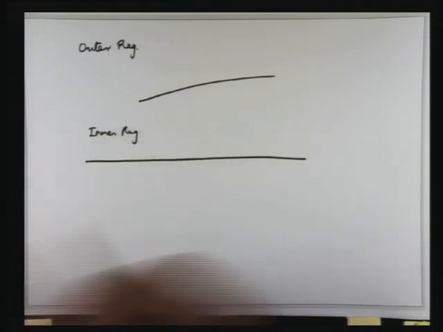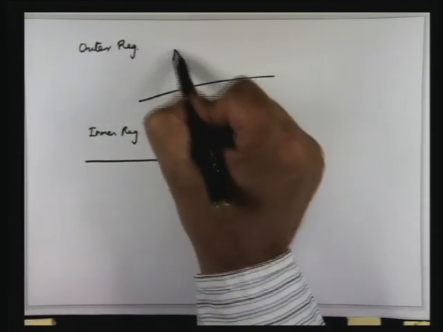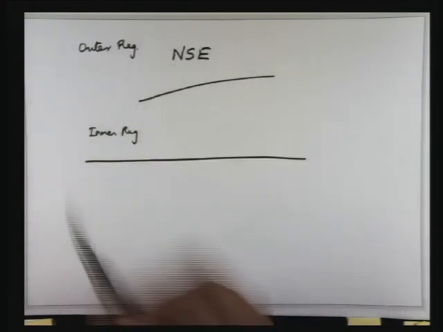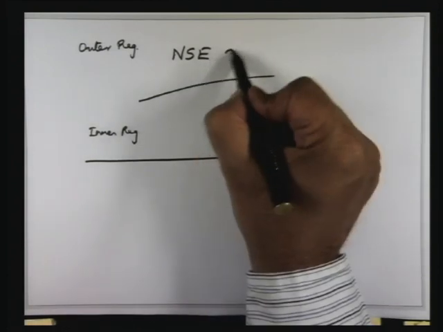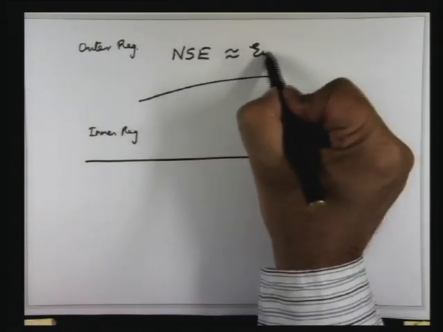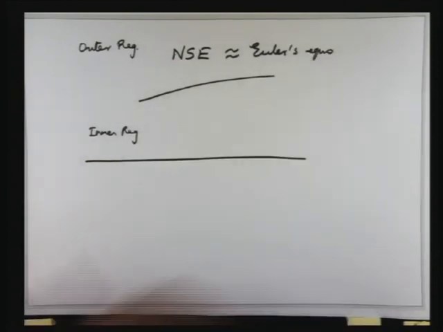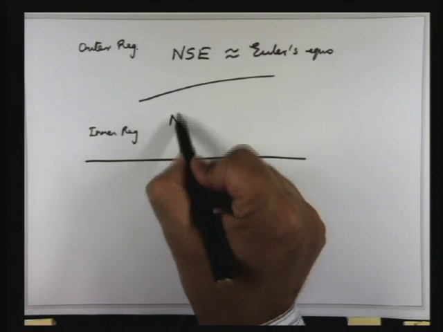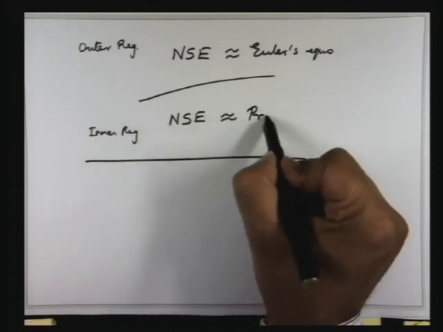Now, in both the regions, the governing equation is the Navier-Stokes equation, which I will write as NSE. Now, we are making two different approximations. This in the outer region is being approximated by Euler's equations, and here this is being approximated by Prandtl's boundary layer equations.